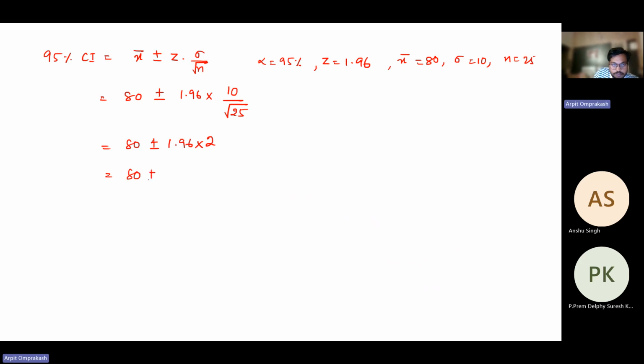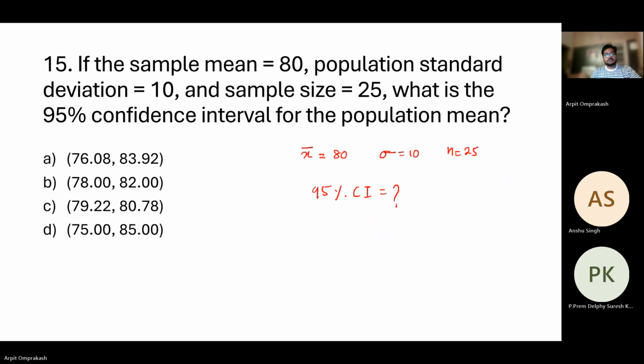It's 80 plus minus 3.92. So the answer here is option A, 76.08 to 83.92.